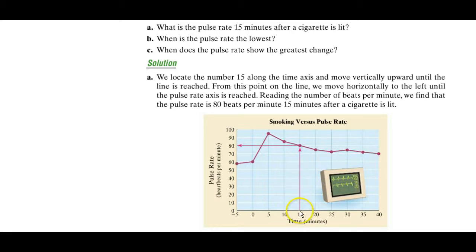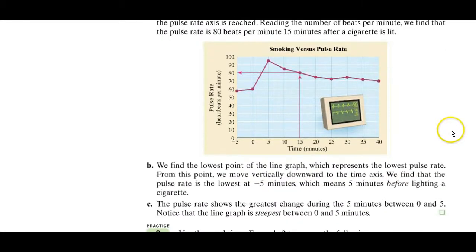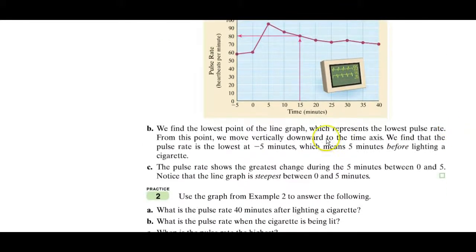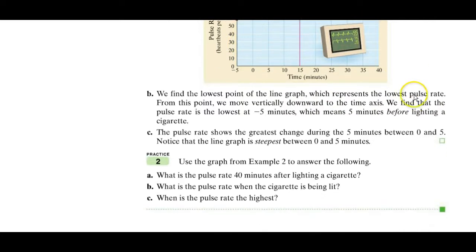So once again, you would go to 15, up over, and then over there, about 82, 83. And it's actually before lighting up that is the lowest, which we said. And the steepest is between 0 and 5. Okay, we were good.